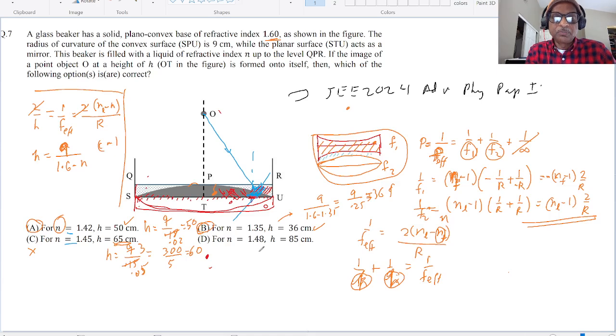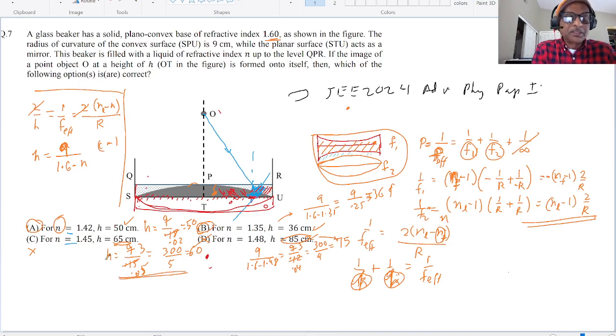And D is going to be 9 over 1.6 minus 1.48, 9 over 0.12, so 900 over 12, which is 75. So this doesn't work out. Somehow I thought this was 65, but it's not.